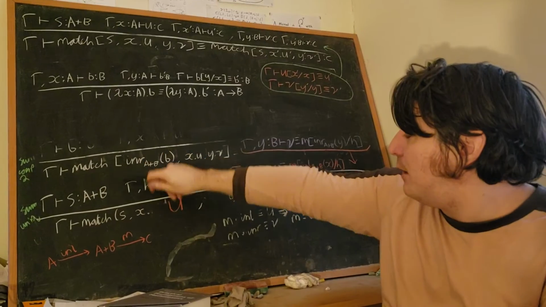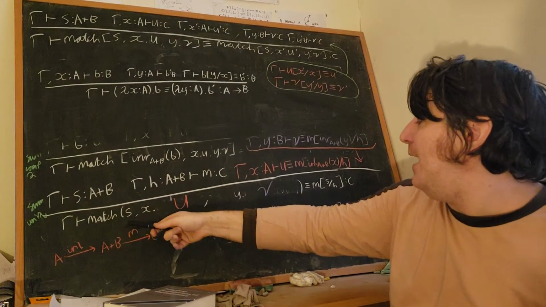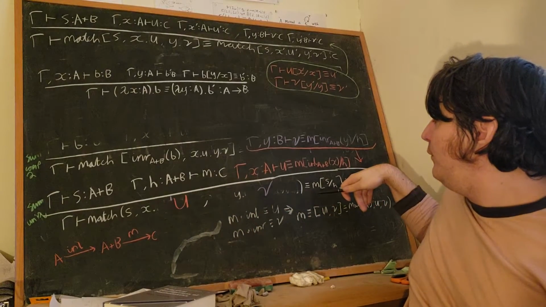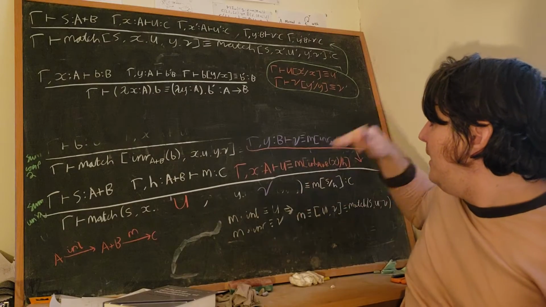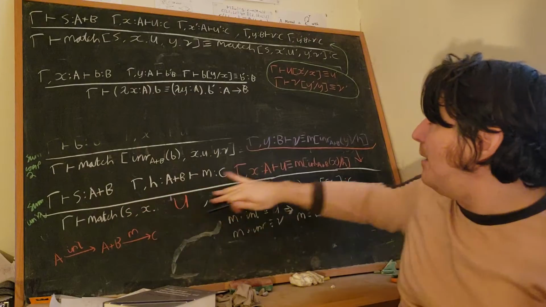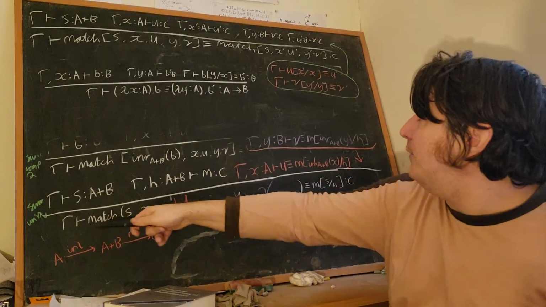Because we can imagine our original rule written down, which would be match of s comma and so on equals m. Then if we assume this and this, the match of what used to be here can be shown to be equal to this expression, okay?